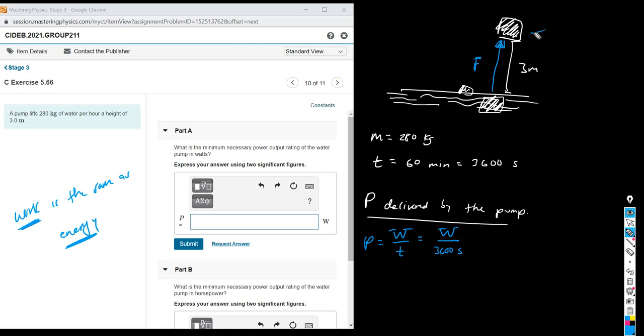Now, what is the potential energy, guys, of this package of water once it's been lifted to 3 meters? Once this package of water is 3 meters from the ground, what's its potential energy? Let's calculate that. It's the mass times g times the height. The mass is 280 kilograms. g is 9.8 meters per second squared, and the height is 3 meters.